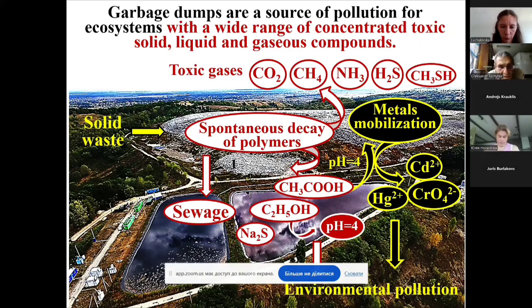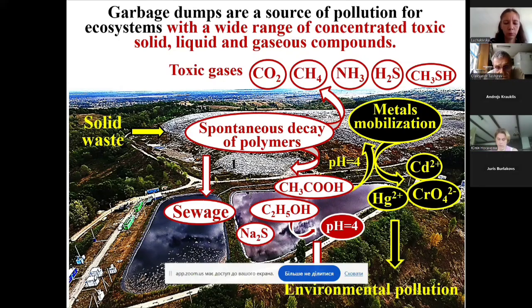Because due to the spontaneous decaying of polymers, very toxic gases and liquid products are formed. All of these gases, such as carbon dioxide, methane, ammonium, hydrogen sulfide, and so on, are simultaneously toxic gases and greenhouse gases.